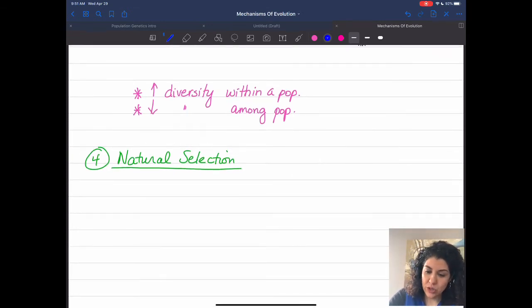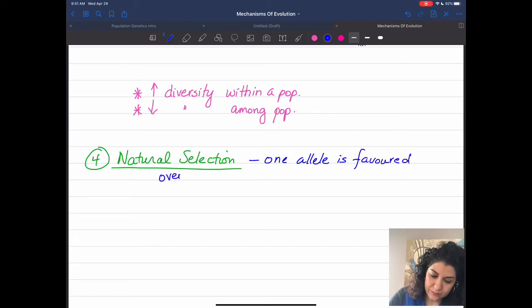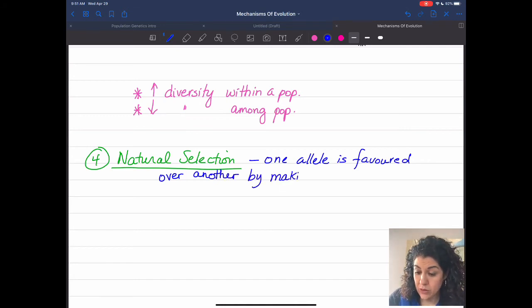So natural selection, here we have one allele, one form of a gene, one particular trait, favored over another by making the organism either better adapted or less adapted to the environment.